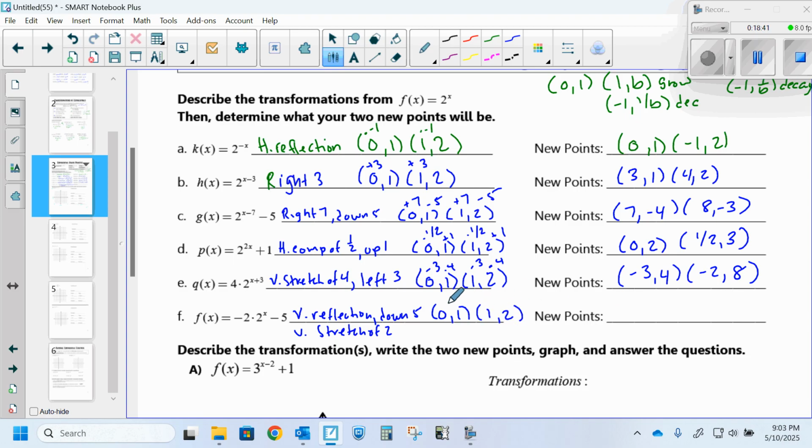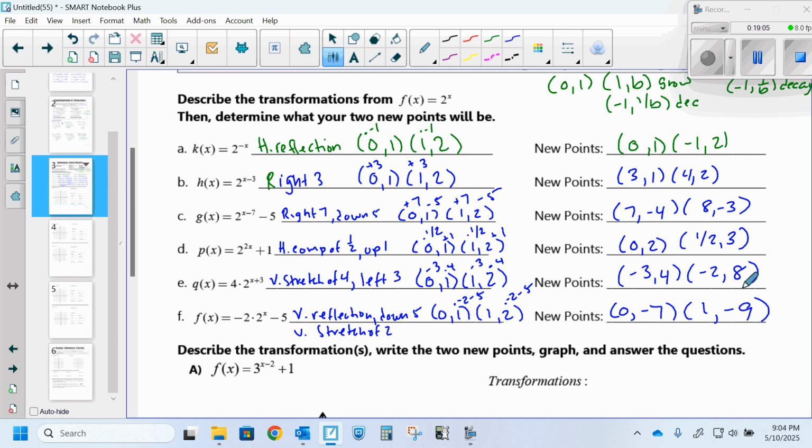All right, so when you do that, you have to remember PEMDAS, multiplication before addition and subtraction. So times -2 minus 5, times the -2 minus 5. So 0 is the same. -2 minus 5 is a -7. X stays the same. -4 minus 5 is a -9.